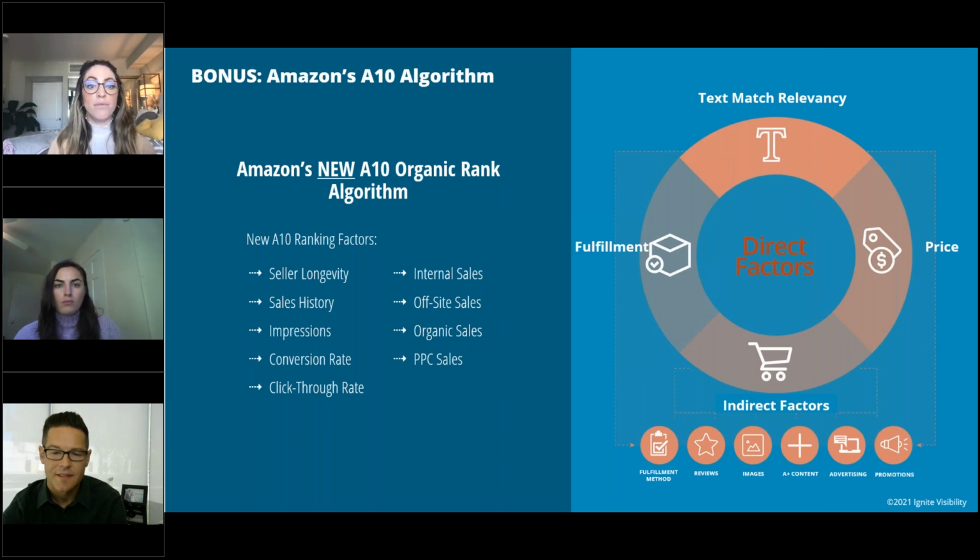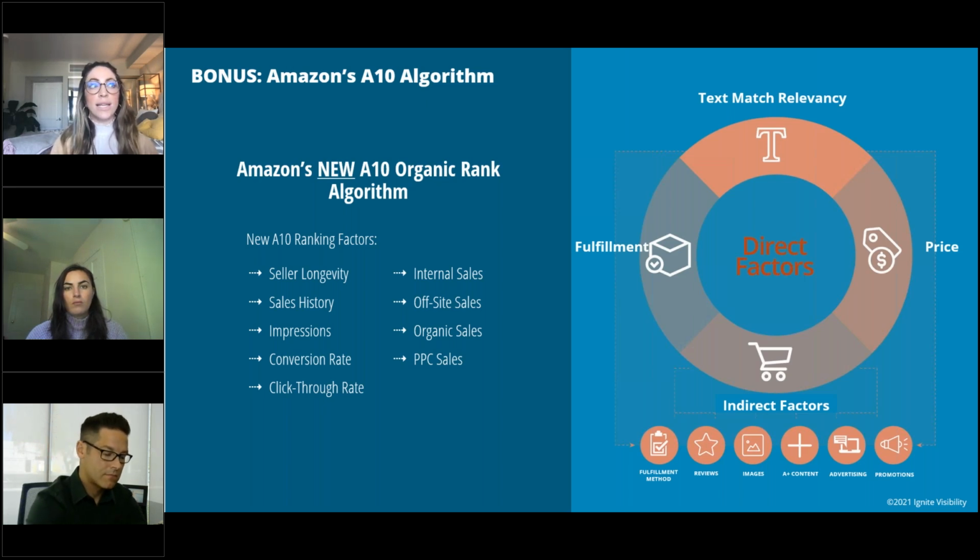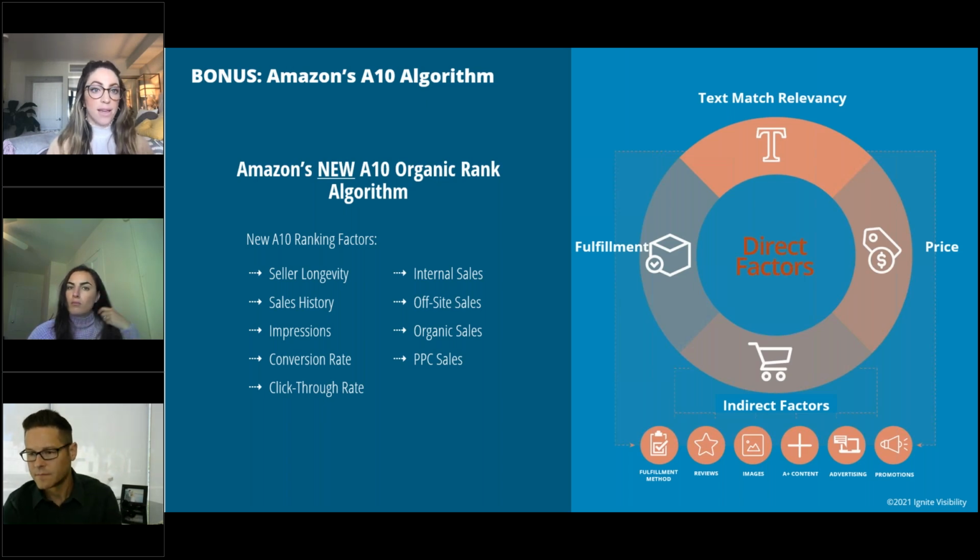And then one of the big things that's really important too, that wasn't as weighted in the last algorithm, is off-site Amazon sales or off-site Amazon traffic. Like I was saying earlier, since about two-thirds of US consumers start their product search on Amazon, Amazon is going to reward you even more if you're driving traffic from outside of Amazon.